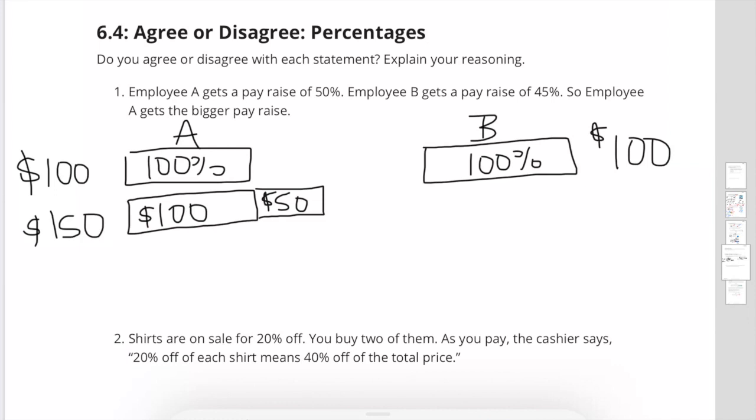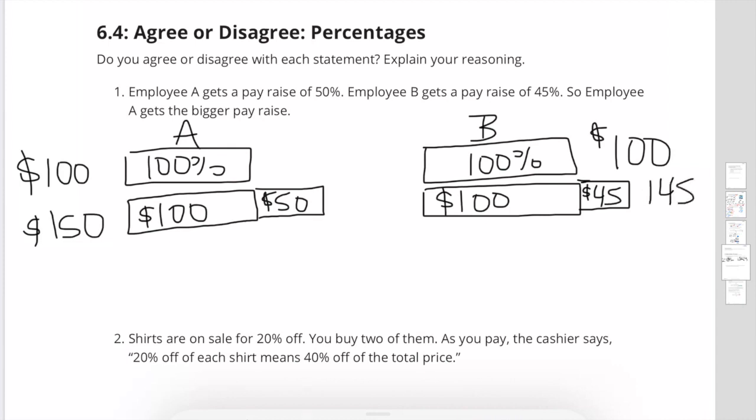And he gets a pay raise of 45%. So it's a little less than halfway. So the 100% is $100. And then he's making how much more now? $45. So making $145. So in this situation, does employee A get the bigger pay raise?